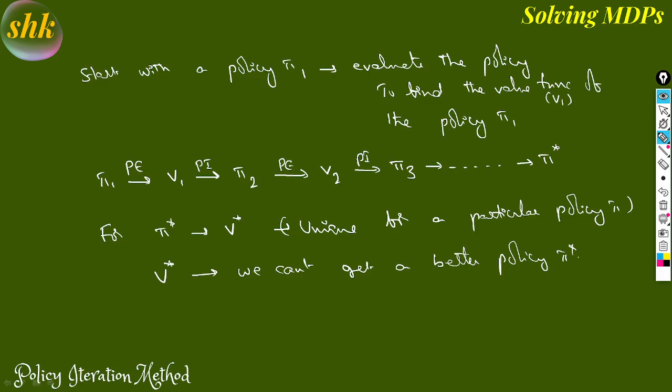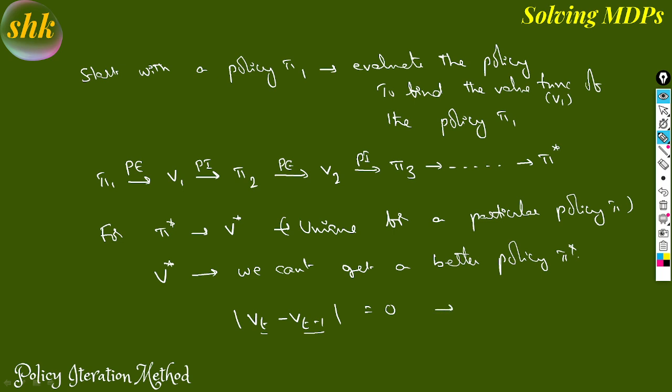For the optimal policy, theoretically we consider V of t minus V of t minus 1 equal to 0. What does this indicate? For two consecutive time instants, the current time t and the previous time t minus 1, the difference in the value function is equal to 0.